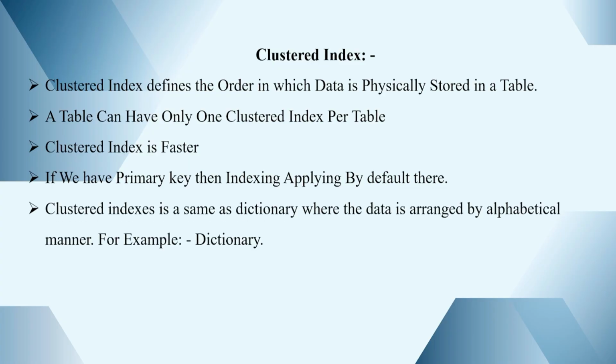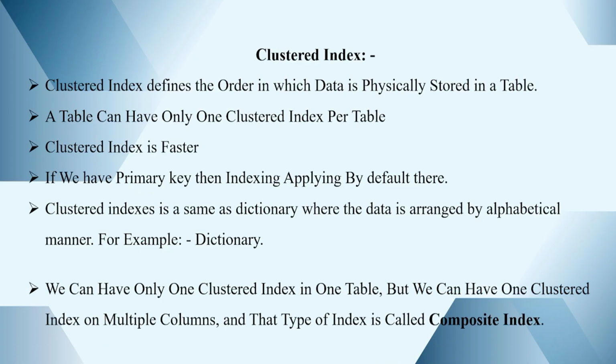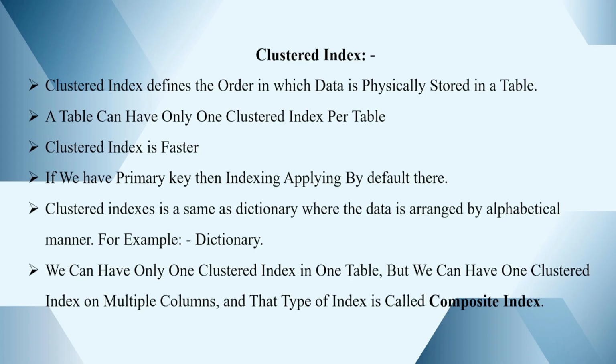A clustered index is the same as a dictionary, where the data is arranged in alphabetical order. We can have only one clustered index in one table, but we can have one clustered index on multiple columns, and that type of indexing is called a composite index. I will explain all the points one by one with a practical.